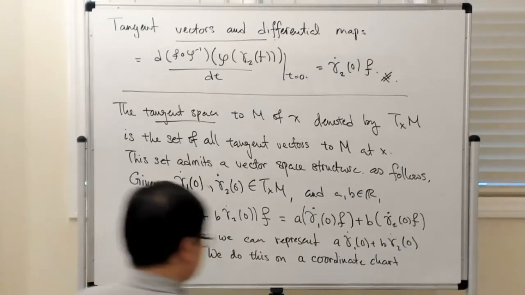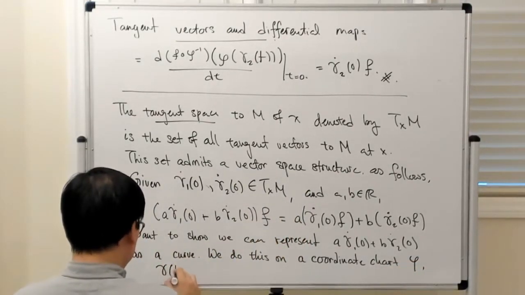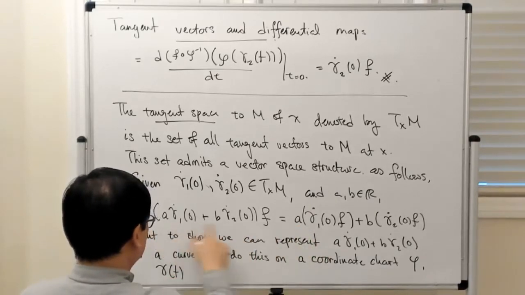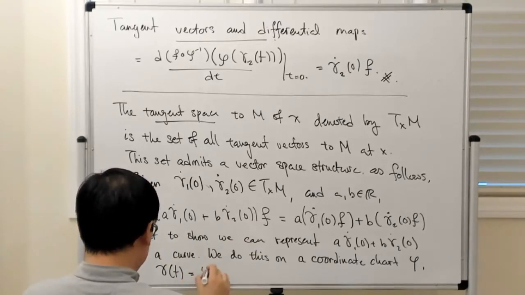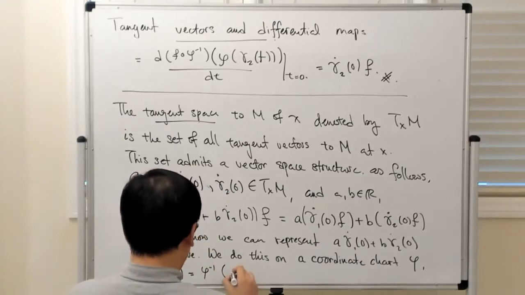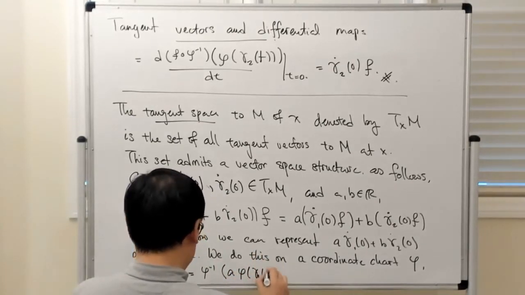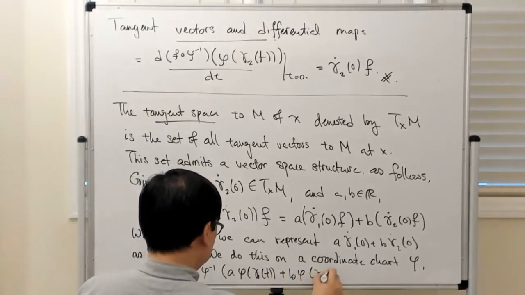Okay, so if you have a coordinate chart, then this curve gamma t, which is associated with this formal linear combination, is just given by the inverse of the chart applied to A times the chart applied to the curve plus B times the chart applied to the curve.